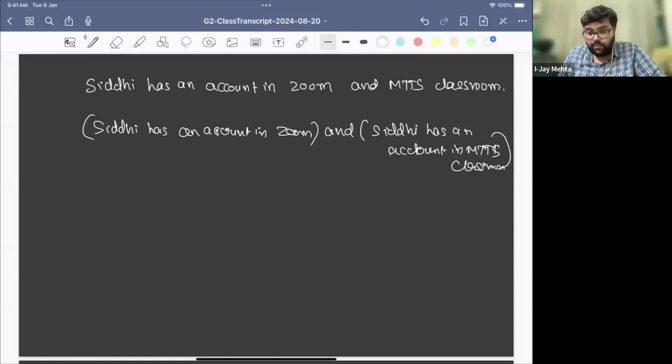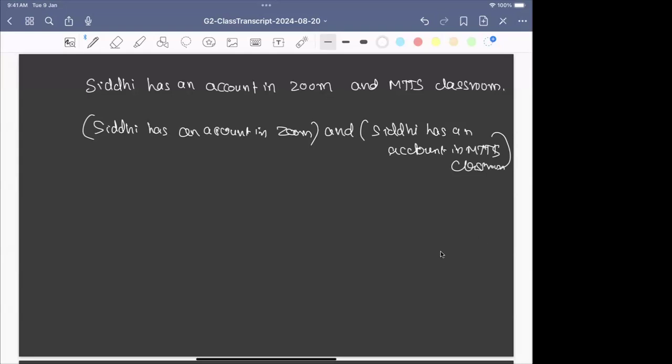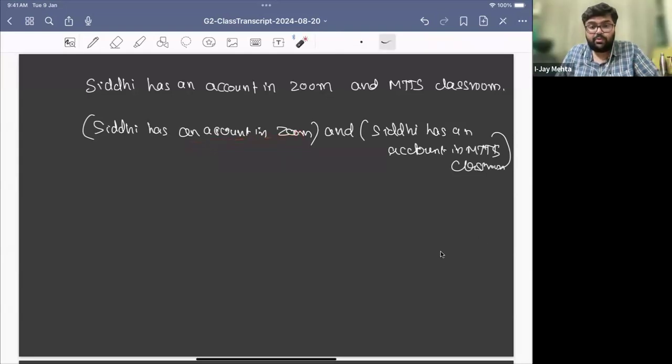So when is the statement true? When both are true. If she has an account in Zoom, I cannot say the statement is true. If she has an account in MTTS classroom, then also I cannot say that the statement is true. So I have to check when this is also true and this is also true. Both are true, then the statement is true.